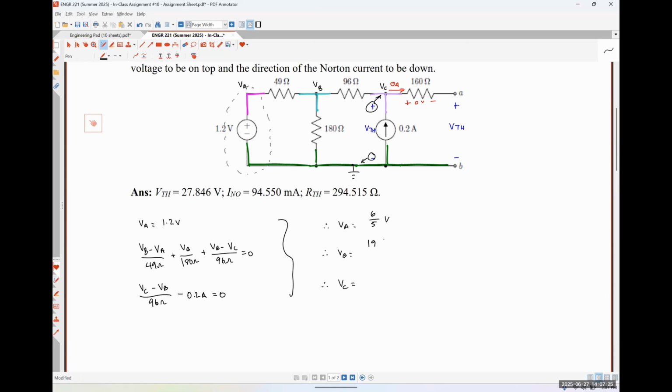VB is 1980 over 229 volts. And VC comes out to be 27.846288. So I'm just going to leave that as 27.846 volts, which does agree with the answer.